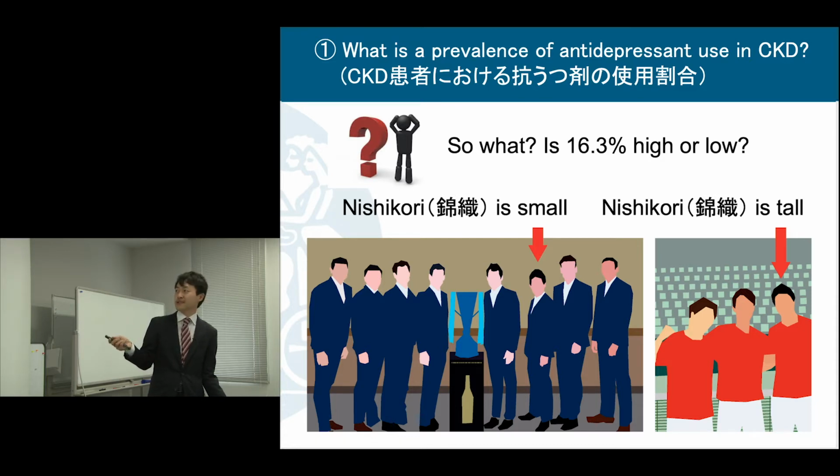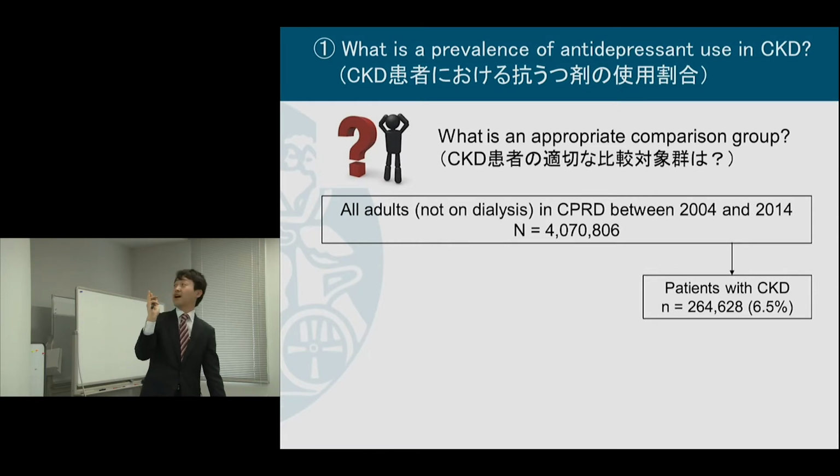People often say that Nishikori is smaller than other players like Roger Federer. But my impression when I saw him at Wimbledon was he's quite tall, and taller than other Japanese. So what I mean is that it's totally a matter of comparison whether or not this is high. So I needed to make an appropriate comparison group.